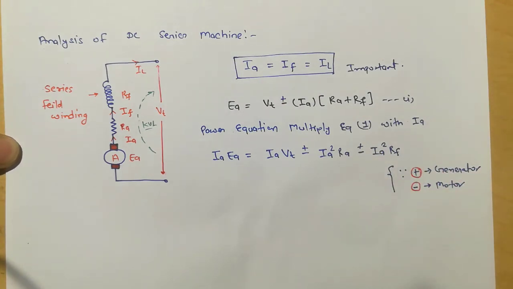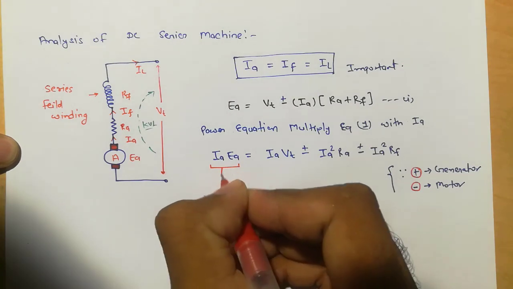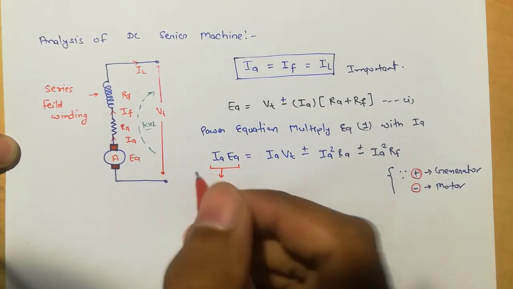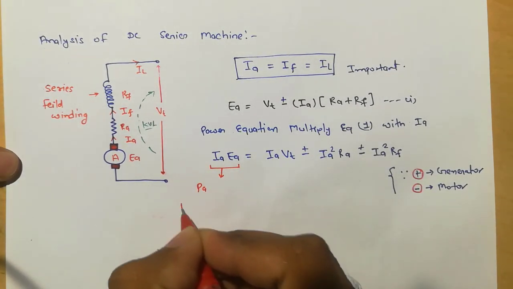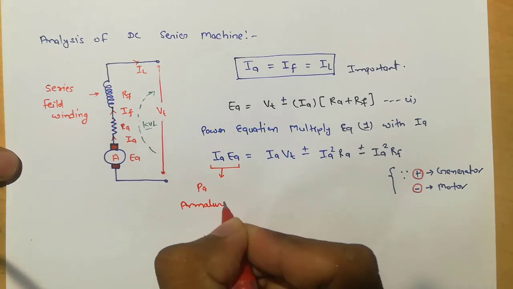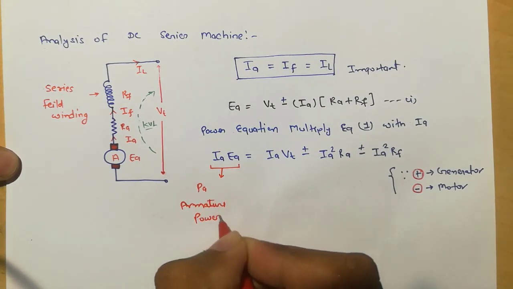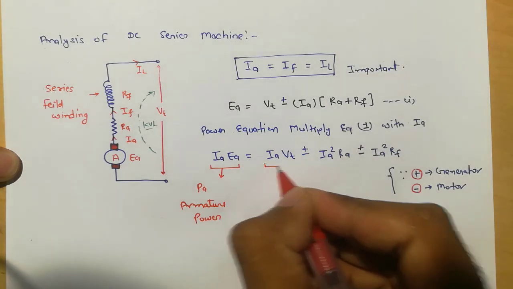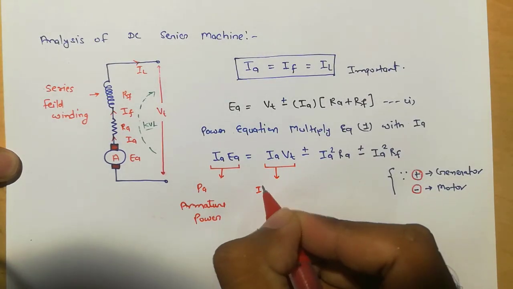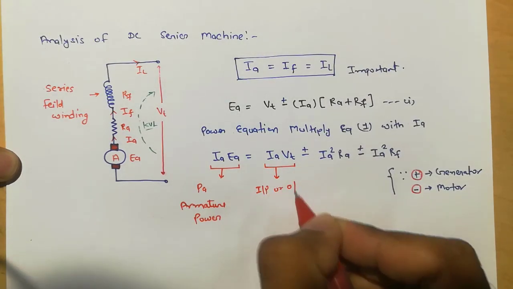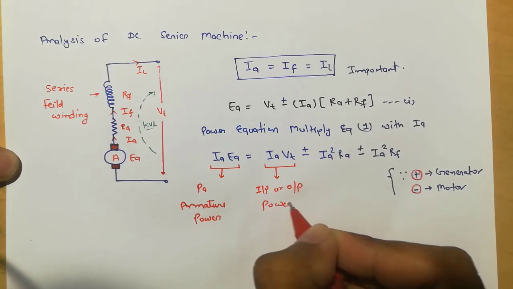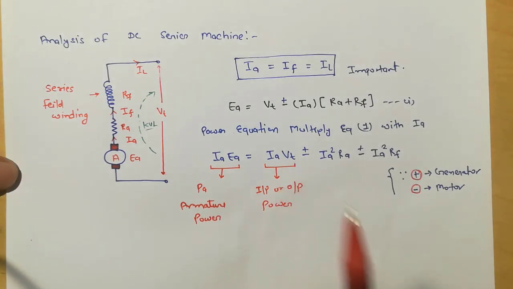So now here we can see that this is our armature power Pa. This is our input or output power, which depends on the case.